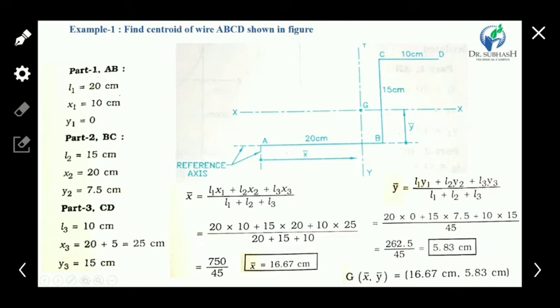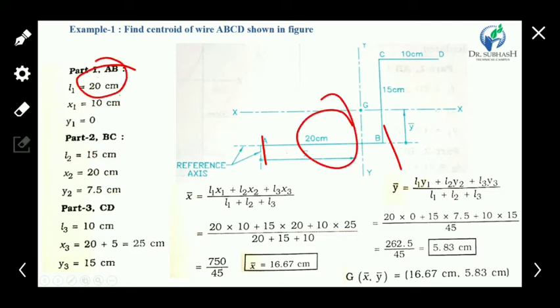For these equations we first have to find L1, L2 and L3 for the three elements AB, BC and CD, then x1, x2 and x3 for these three elements, and y1, y2 and y3. So first take the part AB. The length of this part is 20 centimeter.